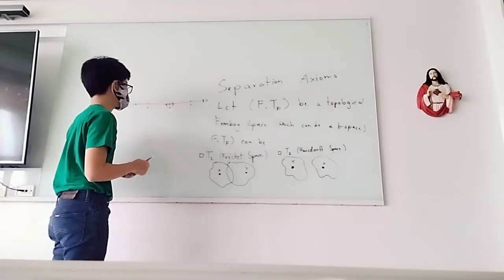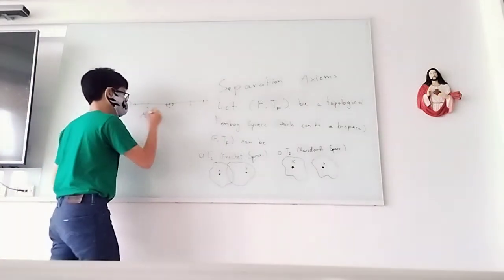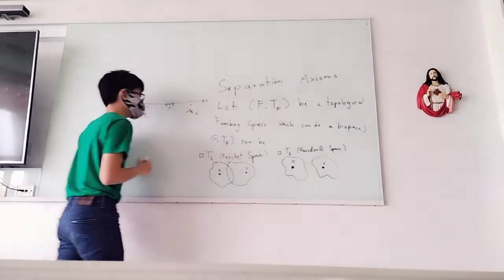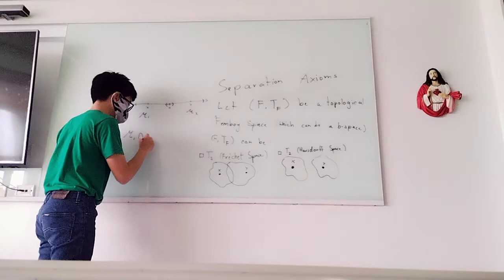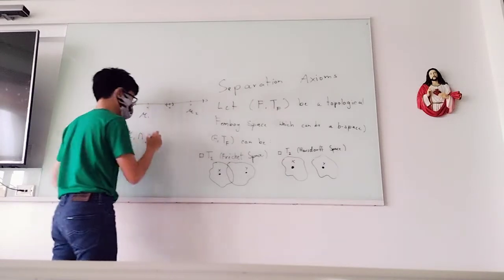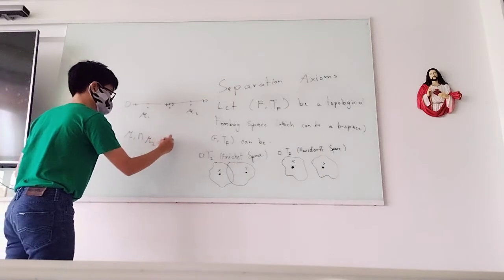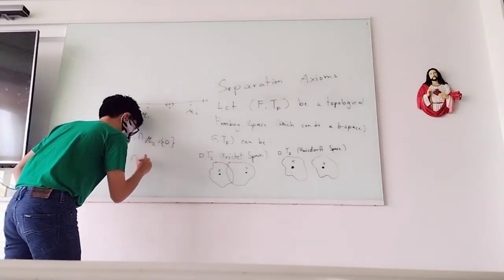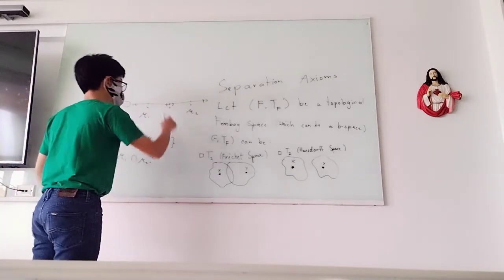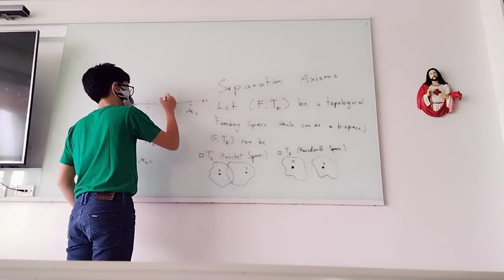If I denote these two neighborhoods mu1 and mu2, you will notice that mu1 intersection mu2 is precisely the set {0}, or the interval running from this point up to this point.